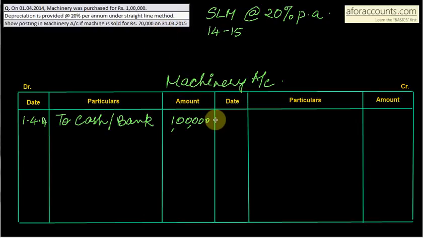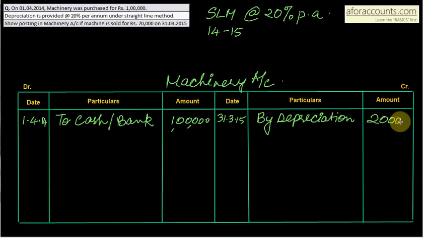On 31/3/2015, what is the entry of depreciation? Depreciation account debit to machinery. So by depreciation, and the depreciation on 1 lakh at 20% is 20,000.